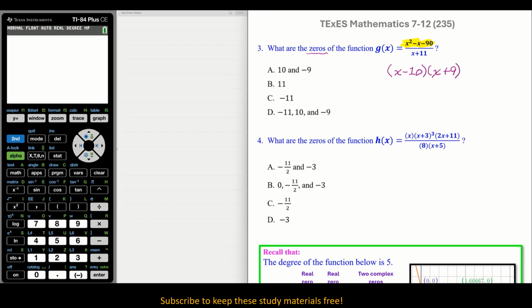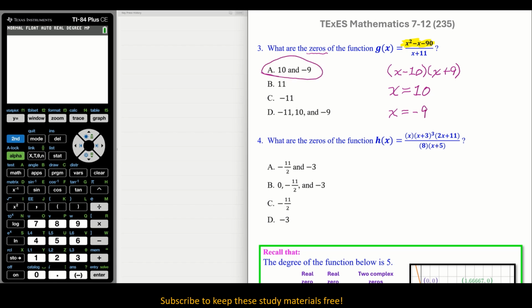Well, that'll give us the correct factors, and that does give us where it crosses the x-axis at 10, and it will be crossed at negative 9, and that gives us 8.